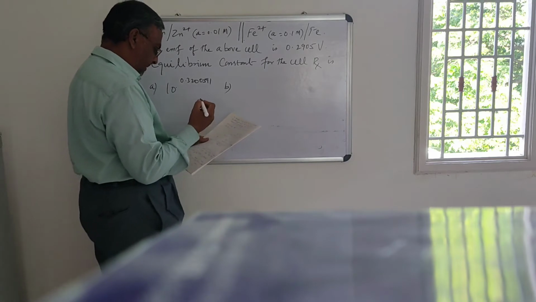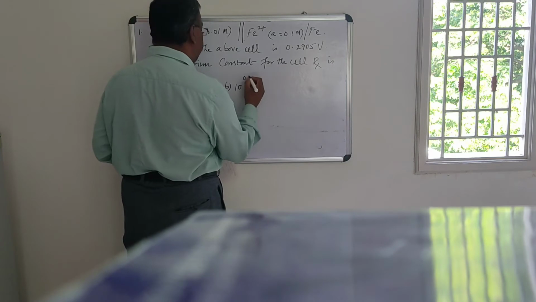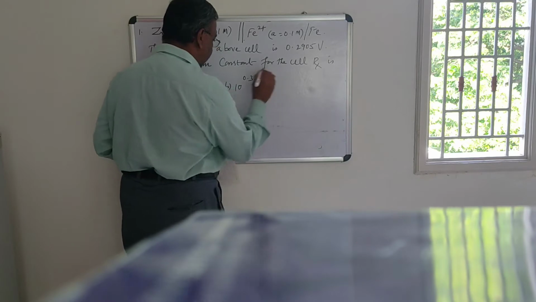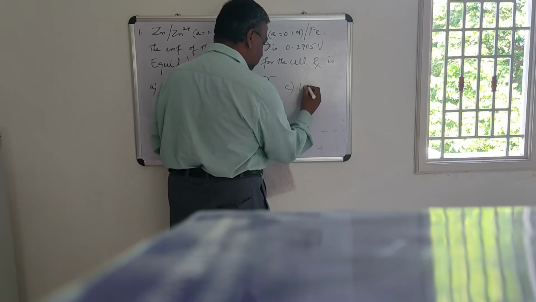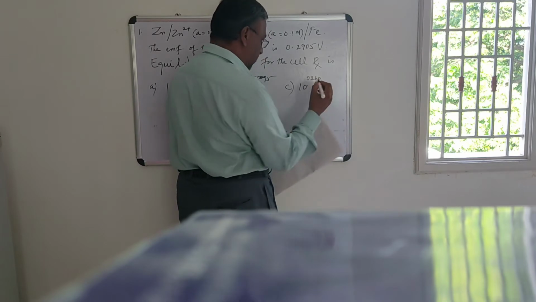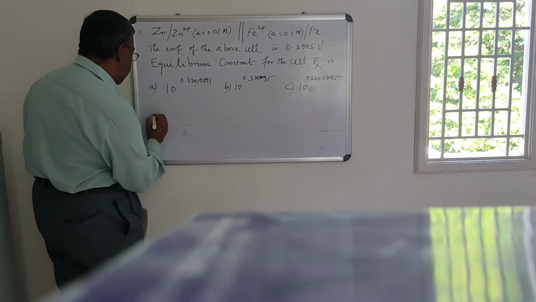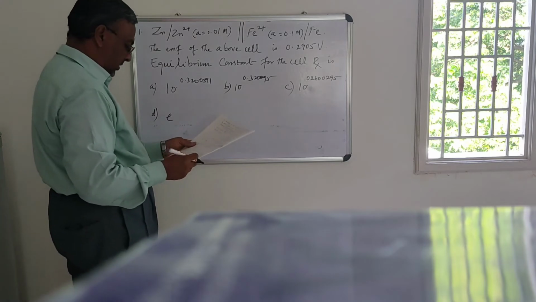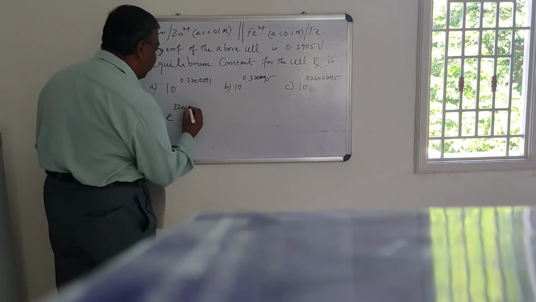Option B: 10 power 0.320095. Third option: 10 power 0260 0295. D: e power 320.295.